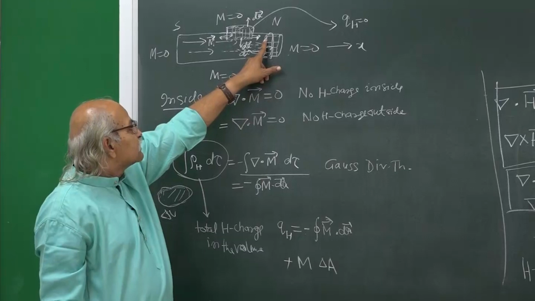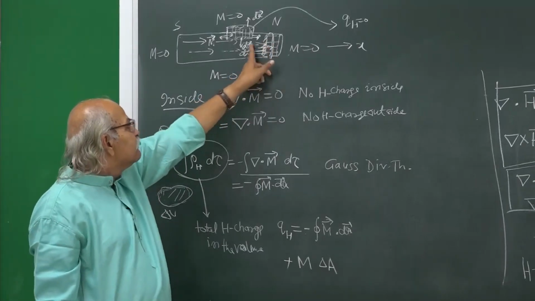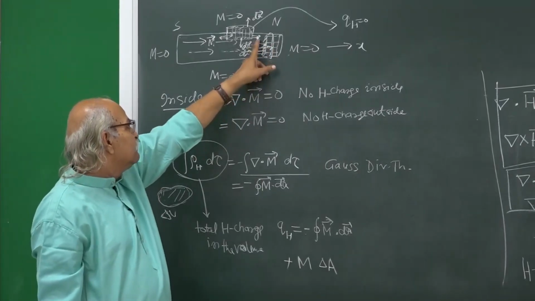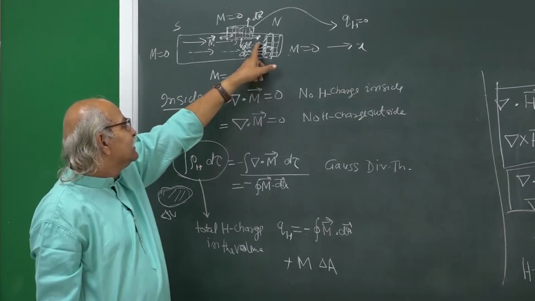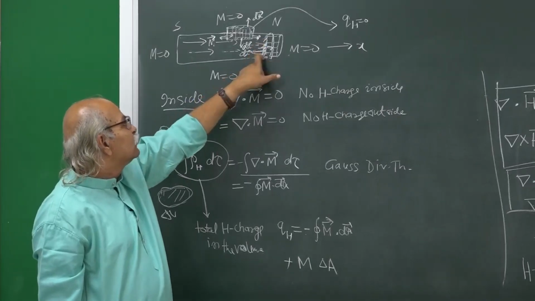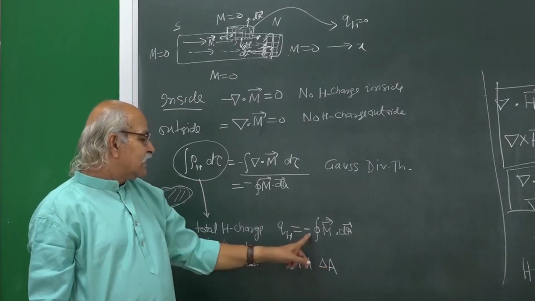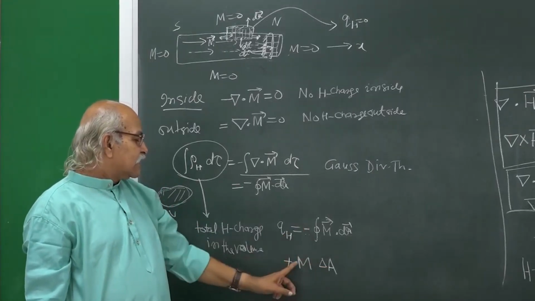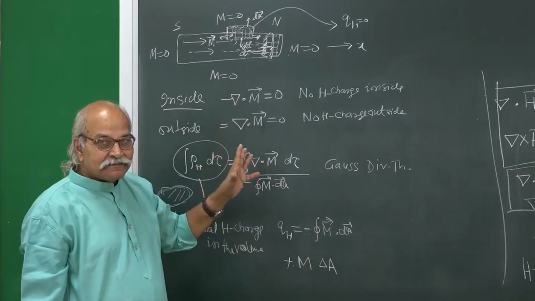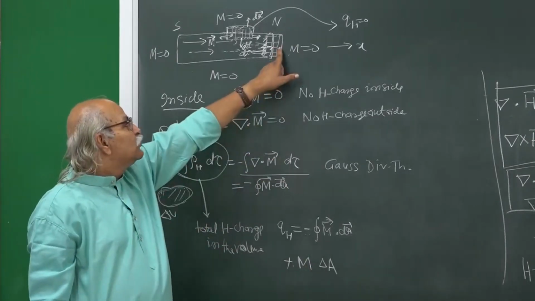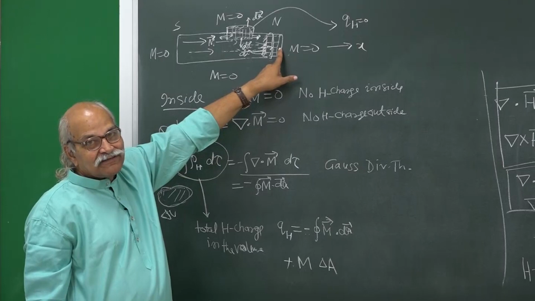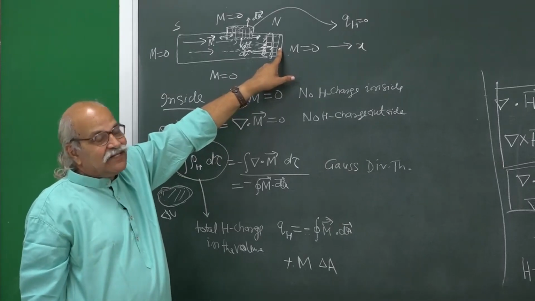On this surface m is in this direction, dA vector in this direction, so m dot dA will be negative capital M into this whole area. And this negative here makes it plus M dA. There is no M dA outside, because there is no magnetization.